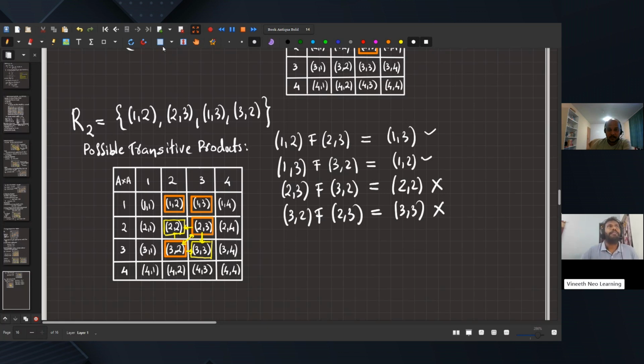But here (1,2) and (1,3) multiply to get (1,3), which is present. But the definition is that all possible transitive products should be present. So this is not a transitive relation. That's it.